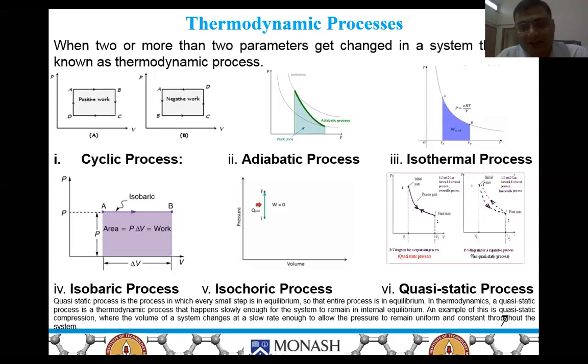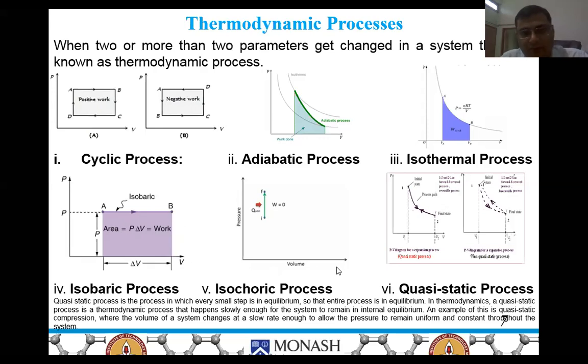Isobaric means P is constant. So PV equal to nRT, that means P is constant, so V is directly proportional to T. Here this P is represented as constant, and the area under this curve, when the process is occurring from A to B, is equal to P into delta V, which is the work.